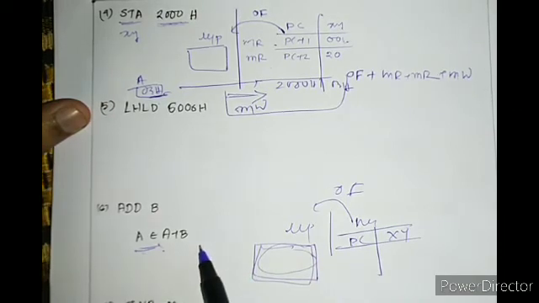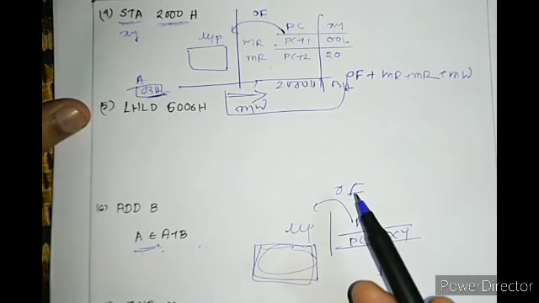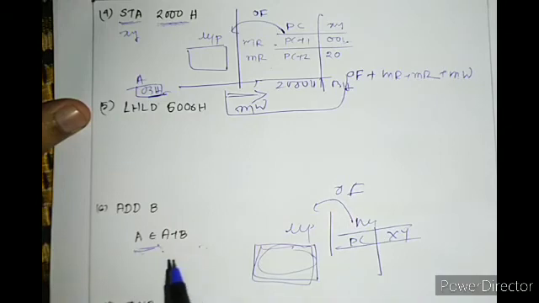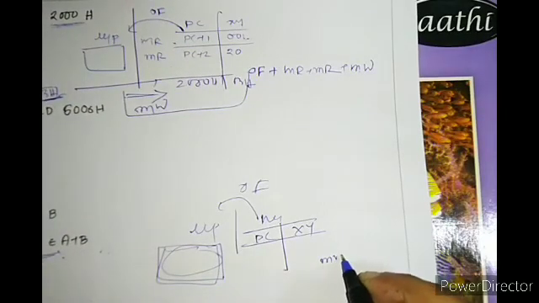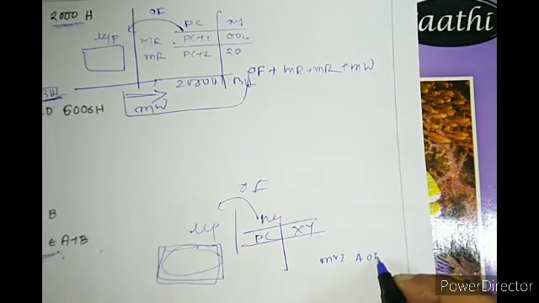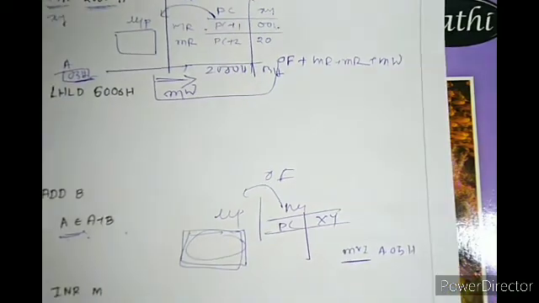So ADD B is just one machine cycle, which is opcode fetch. Then the instruction gets executed in the MUP itself. This is why no further machine cycle is required. Just like in the previous example, MVI A, 05H, this is immediate addressing mode.